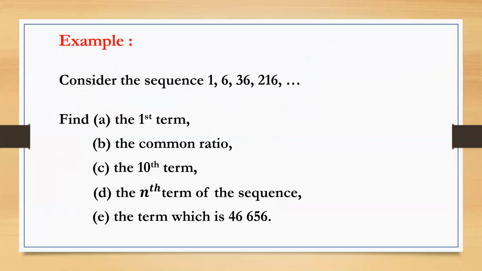Now consider this example. 1, 6, 36, 216. So you need to find the first term, the common ratio, the 10th term, the nth term, and finally, the term which is equal to 46,656.